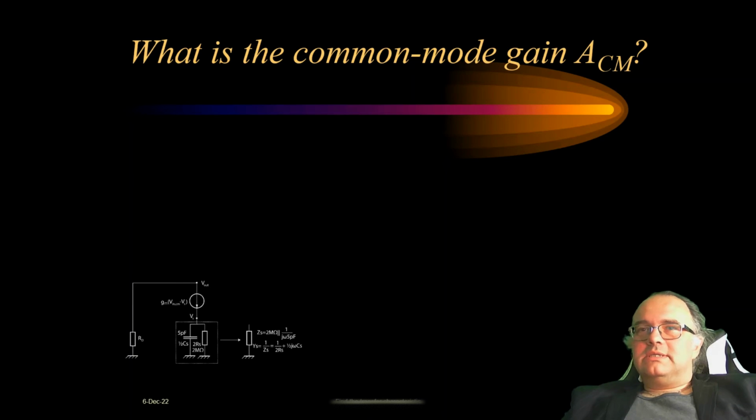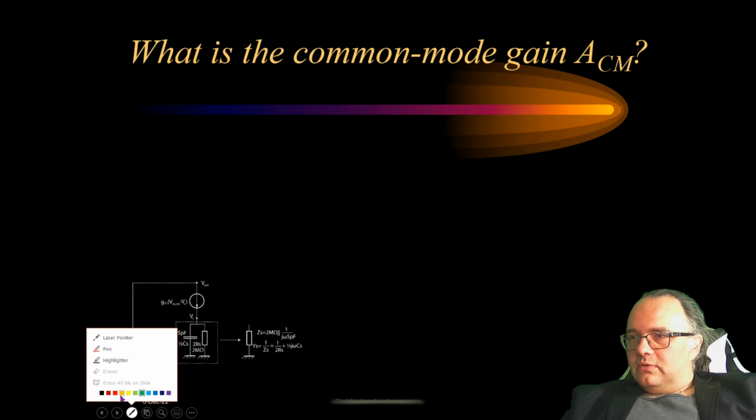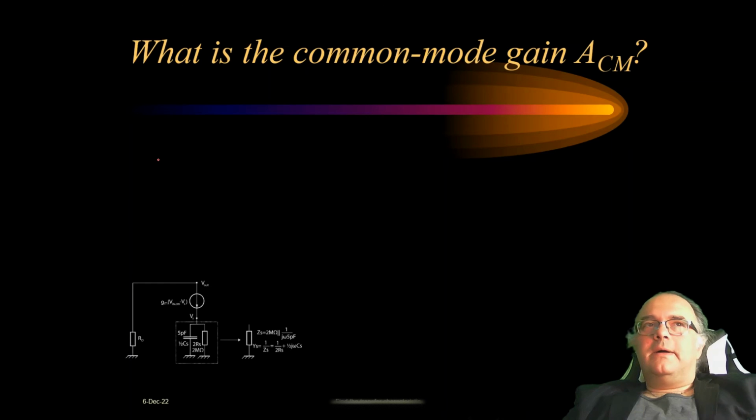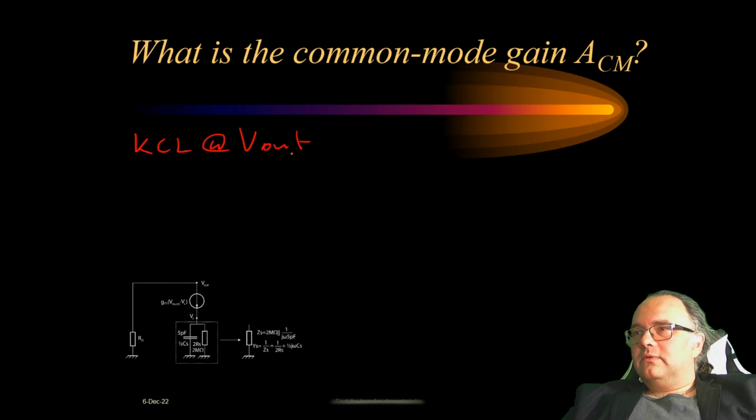So let's start. First we write the Kirchhoff current law for node V out. Looking at V out, KCL is easy. We have this current plus this current, and the sum is 0.